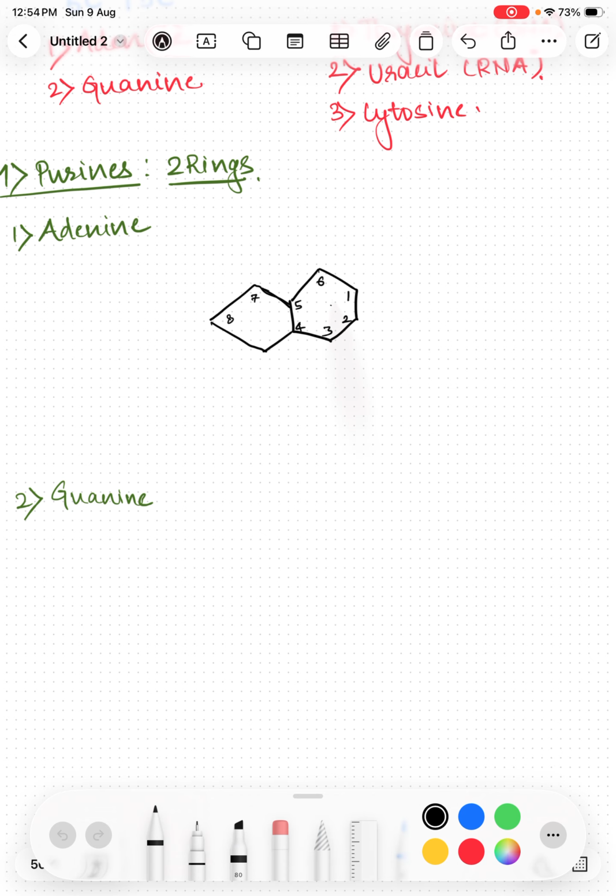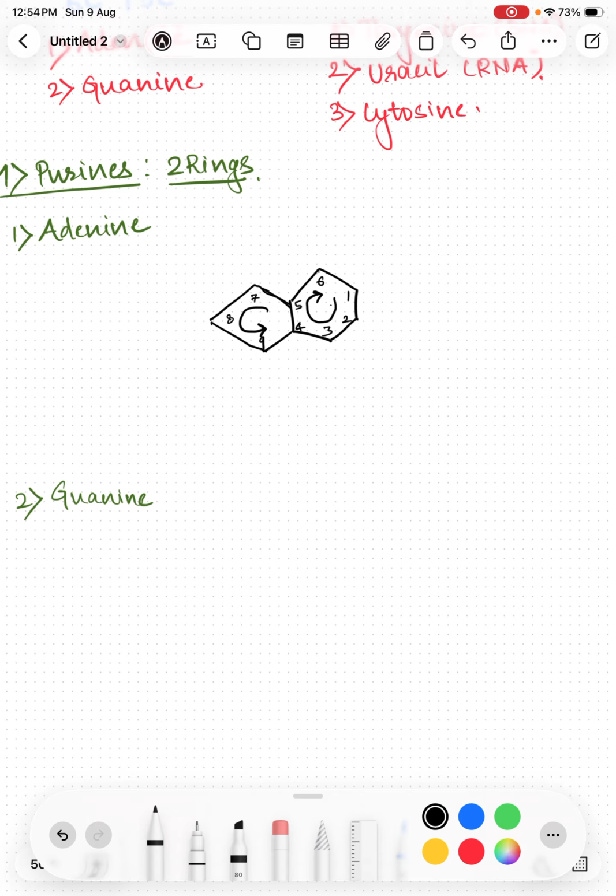So the 6 carbon ring in purines is numbered clockwise and the 5 carbon ring is numbered anti-clockwise.